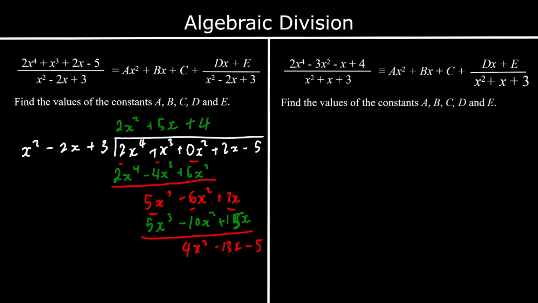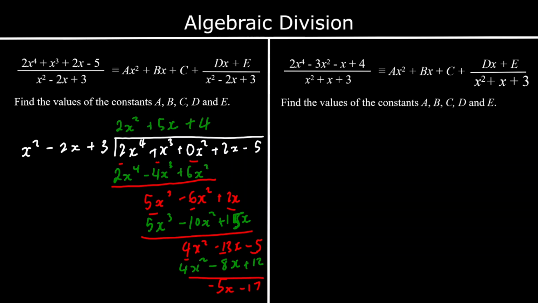And then times by the 4, so 4x squared minus 8x plus 12. And take away one more time. So negative 13 plus 8 is negative 5, so negative 5x. And negative 5 take away 12 is negative 17.